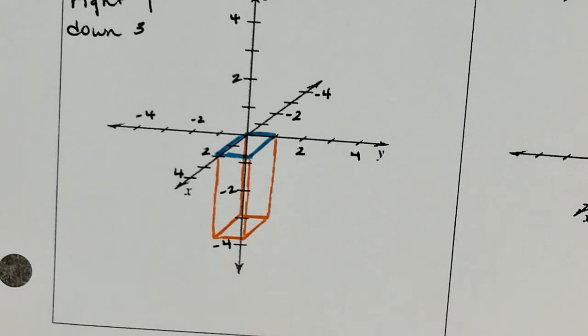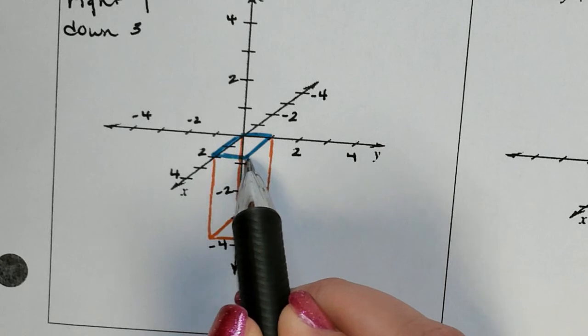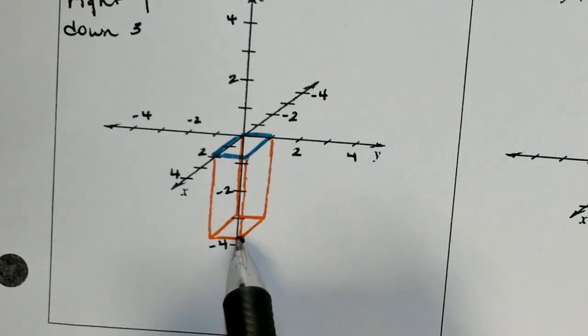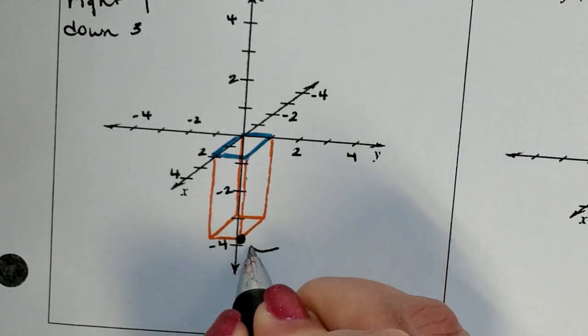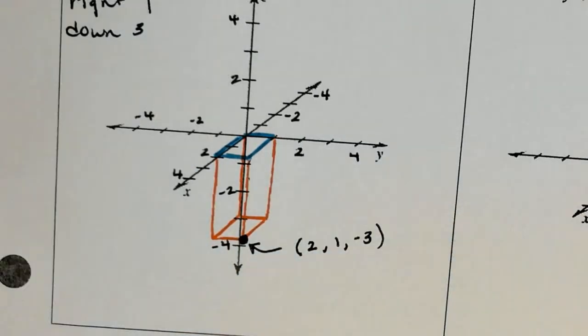Okay. Now what we'll do is we'll actually use this box to find what point are we actually plotting, because I drew a box in, but I haven't plotted any points yet. So, if I go forward 2, right 1, down 3, this right here is the point (2, 1, -3).